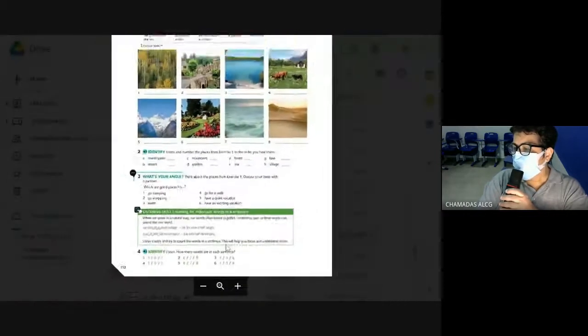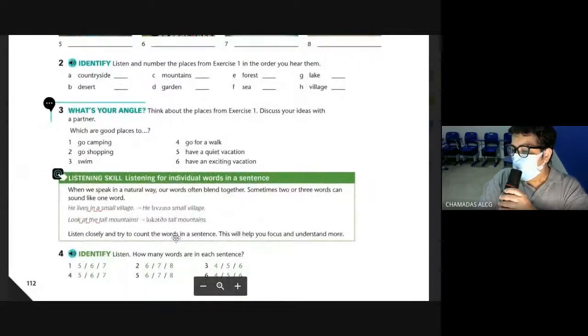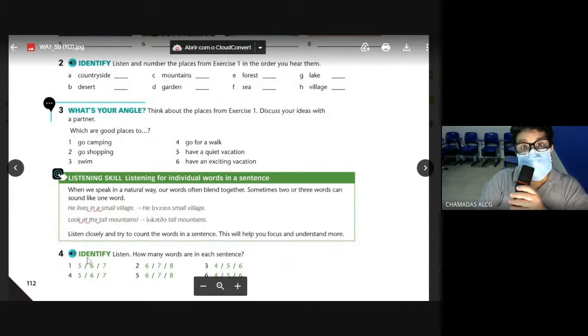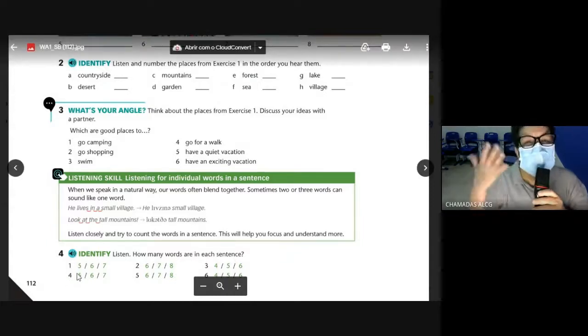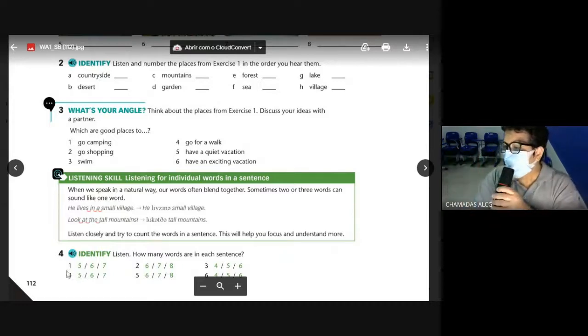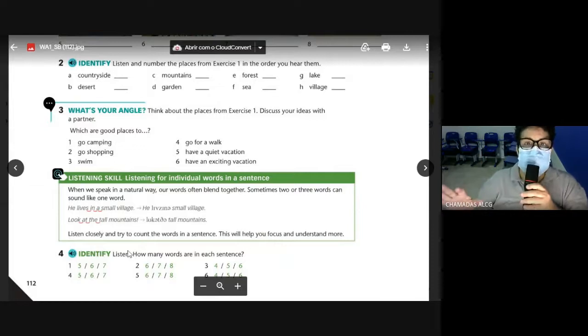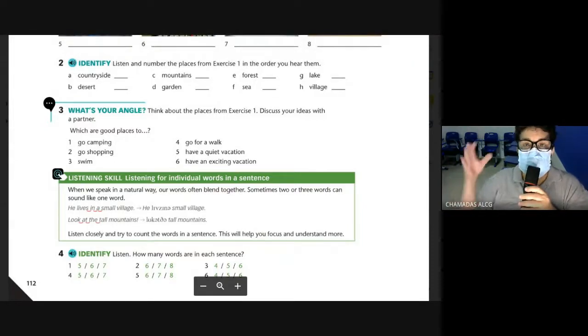We saw that. Then, sorry, we did activity number 4. Listen. How many words are in each sentence? And then we counted. So this exercise we did, okay? We did last week.